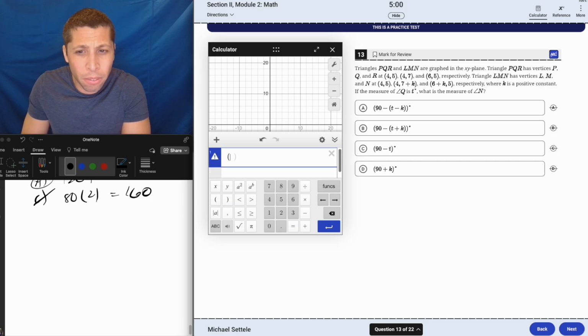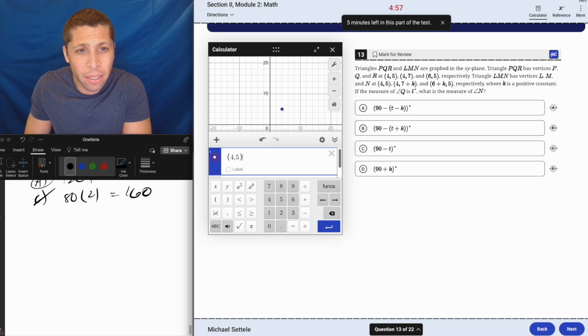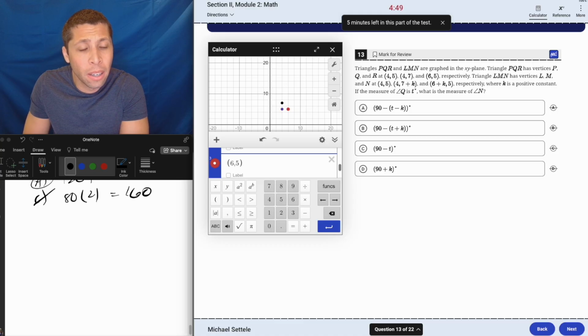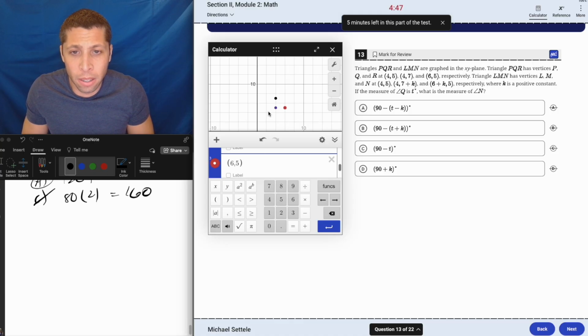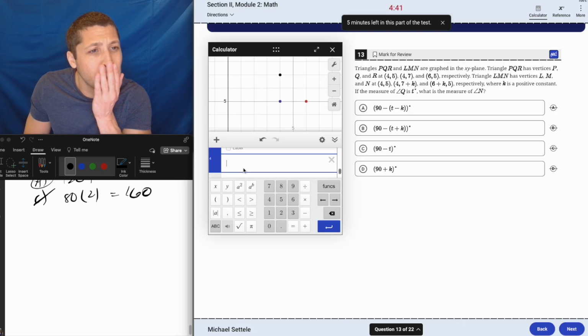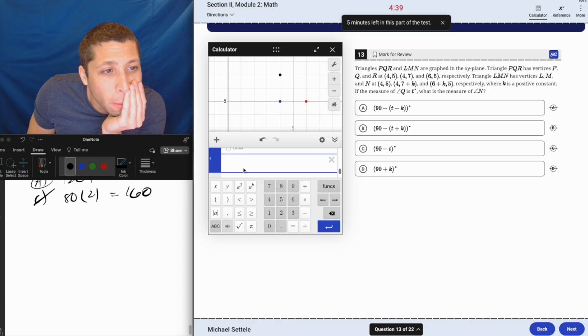So 4, 5, 4, 7, 6, 5. Okay, so that's a right triangle. PQR.